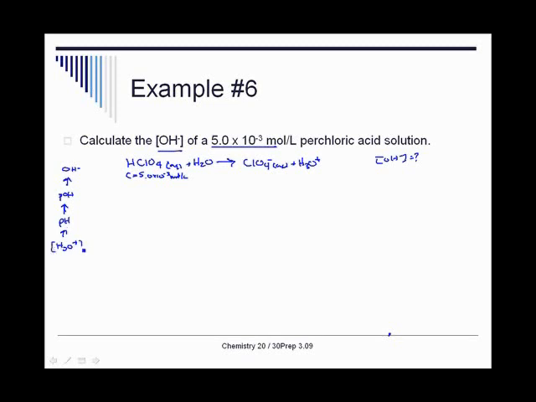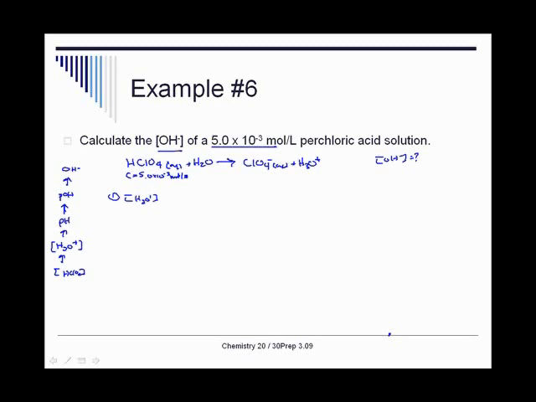And we can get our concentration of hydronium ions from our concentration of acid, HClO4. So here I drew same idea as what we were doing before. I just wrote my plan kind of backwards. I started with what I needed, and then I did the steps backwards to figure out what I would have to get first. So step number 1, we're going to get our concentration of H3O plus.